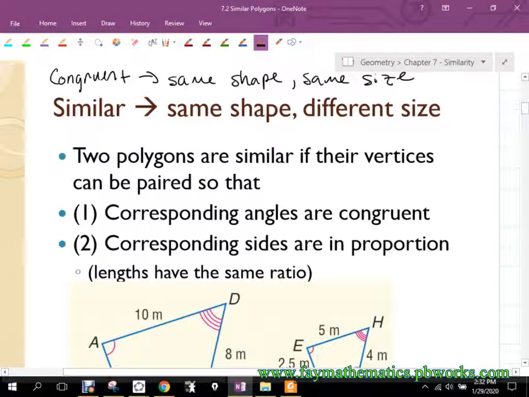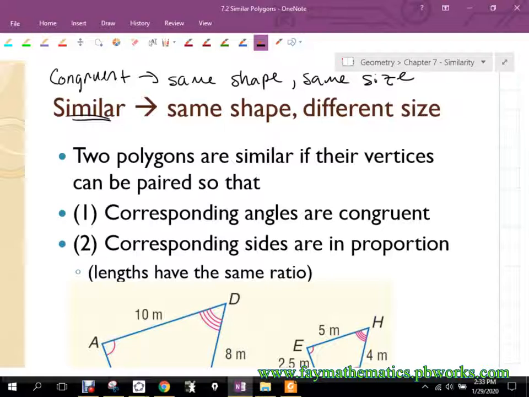When we talk about similar, it is going to be the same shape. So a quadrilateral can only be similar to a quadrilateral. A triangle can only be similar to a triangle. A circle to a circle. We can actually work with things that are not polygons. So same shape but different sizes is usually what we attribute to a similar relationship.